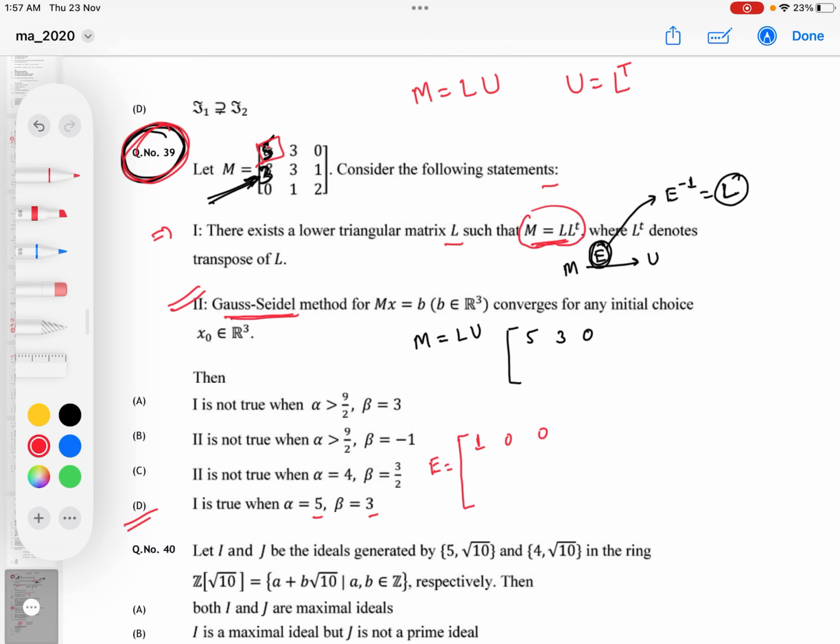eliminate this 3, we will multiply by 3 by 5, right? Yes. So 3 by 5, 1, 0. Now here it will be 0, right? And here it will be 3 minus 3 into 5 by 3.